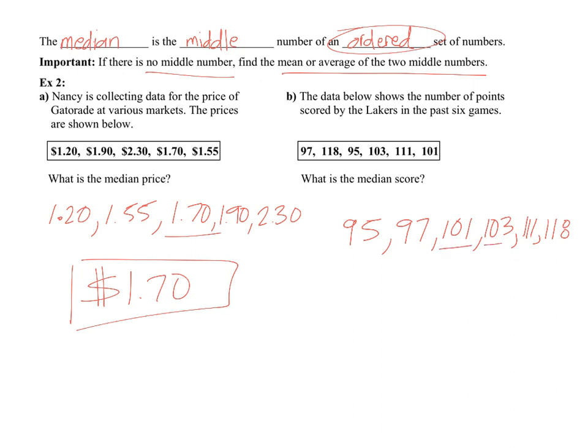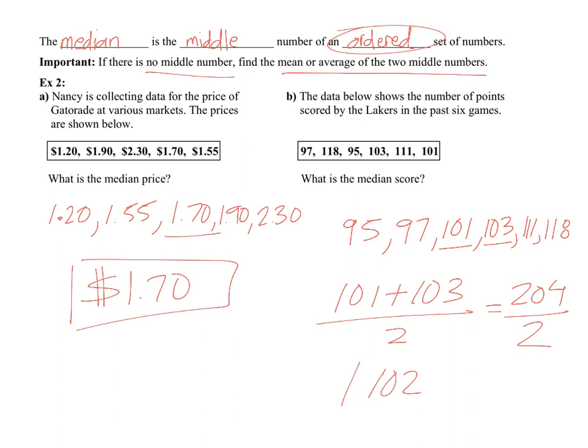Here I got those 2 middle numbers. So 101 plus 103 is 204, divided by 2. That means the median is 102. There was no middle number.